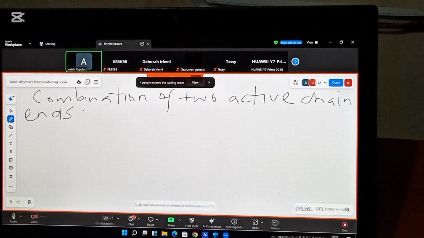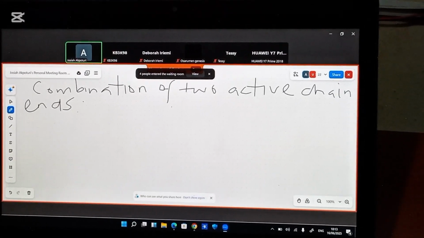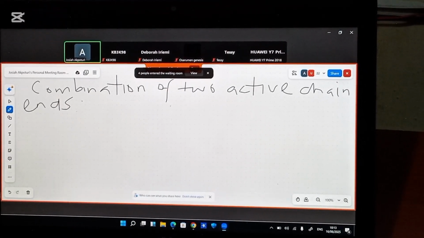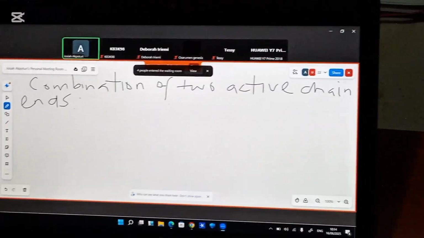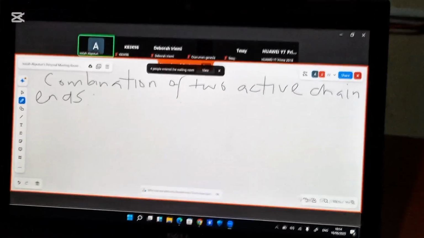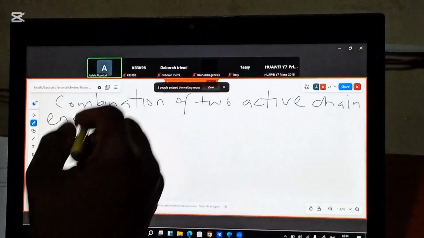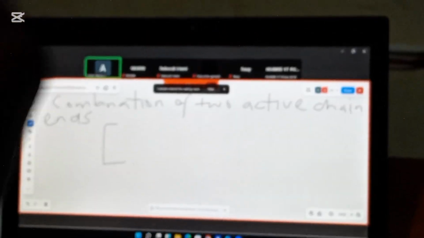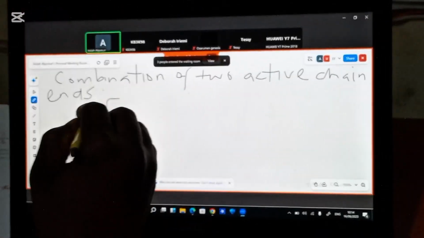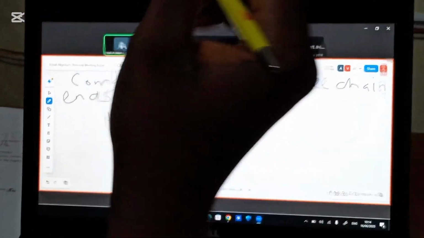This can combine with another carbon with an unpaired electron to form a polymer. So this is what we are saying. You know, we said that this is how to write a polymer. Write the polymer like this.